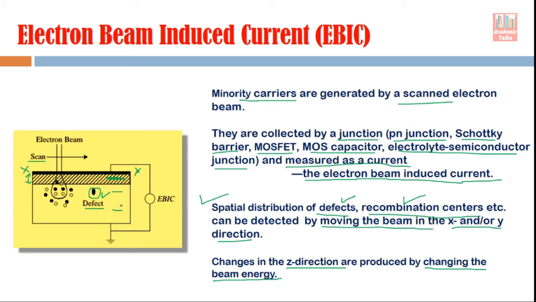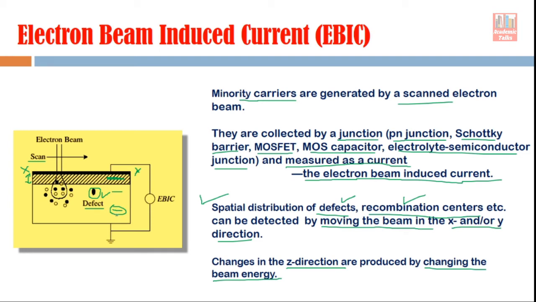But remember, even by increasing the energy we are going to the deeper part of the semiconductor, but the electron hole pairs generated in that deeper part are of no use unless we are able to collect them. So in order to collect them, we have to bring this junction near this portion where the electron beam is interacting with the material, right?